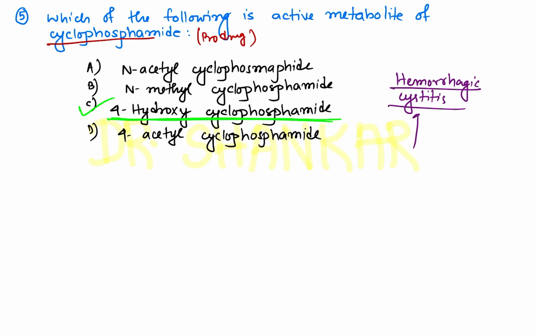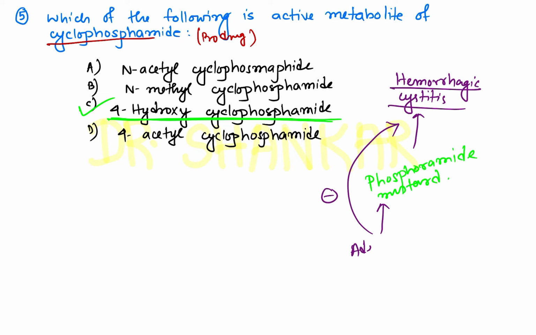This is because of the cytotoxic effect of the phosphoramide mustard. And what is the prevention of this hemorrhagic cystitis caused by cyclophosphamide? To prevent hemorrhagic cystitis, we have to hydrate the patient adequately.